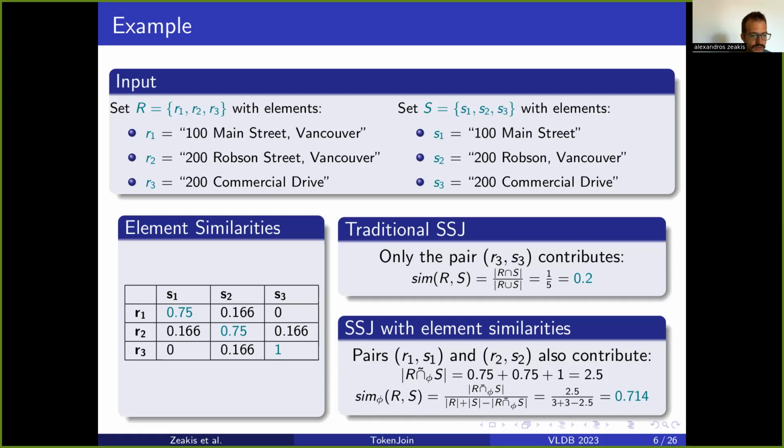Instead, using the definition that relies on the bipartite matching, we obtain a bipartite graph with 9 edges, where R3 and S3 have a similarity of 1, and R1S1 and R2S2 match approximately with a similarity score of 0.5. This produces a matching score of 2.5 and consequently a set similarity score of 0.71, which is significantly higher than 0.2.